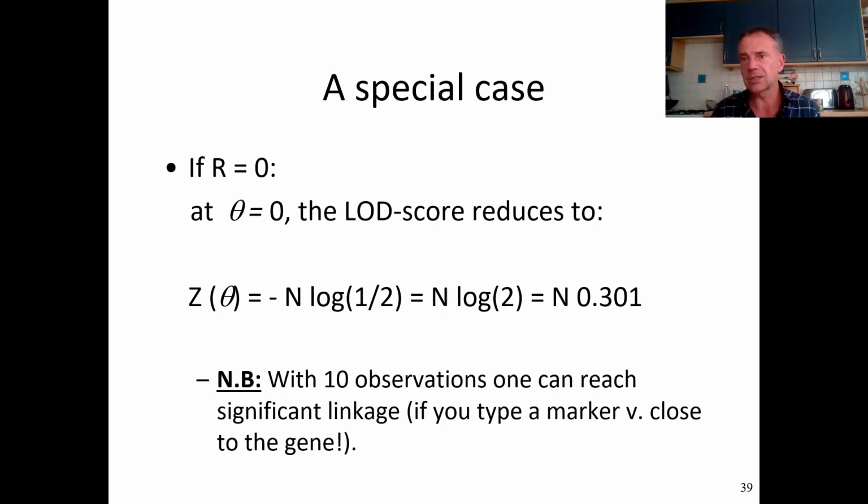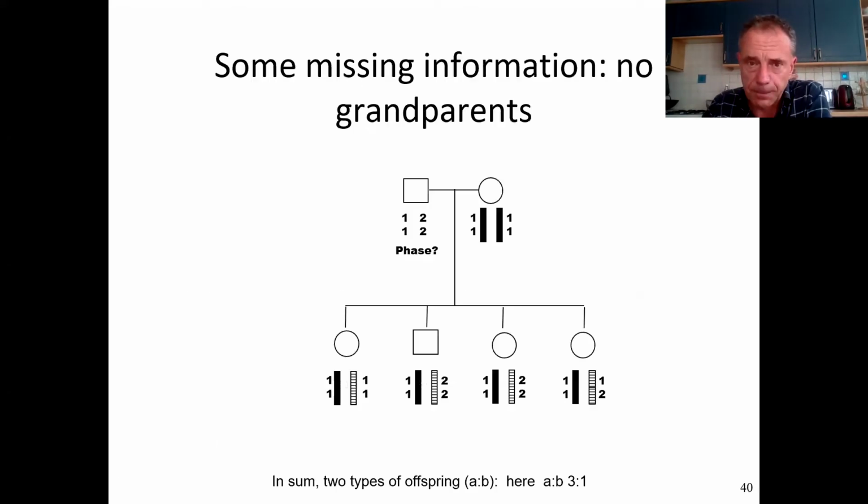So in the special case that you have 10 non-recombinants, a LOD of 3 is actually only equivalent to a p-value of 0.001, but usually in a more general pedigree it's 0.0001, and obviously this is all very small print.